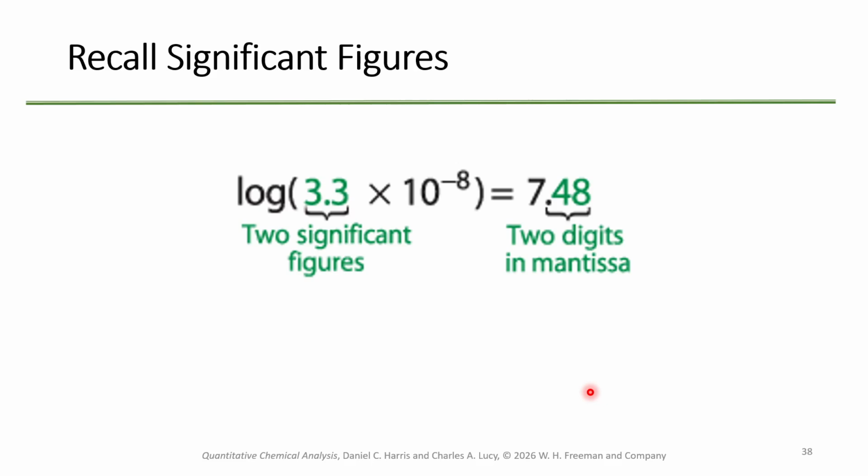So remember, when you have the number that comes out of the log, the number before the decimal is not a significant figure in terms of uncertainty. This number is coming from the power. So your number of sig figs is actually here, which is the digits in your mantissa.